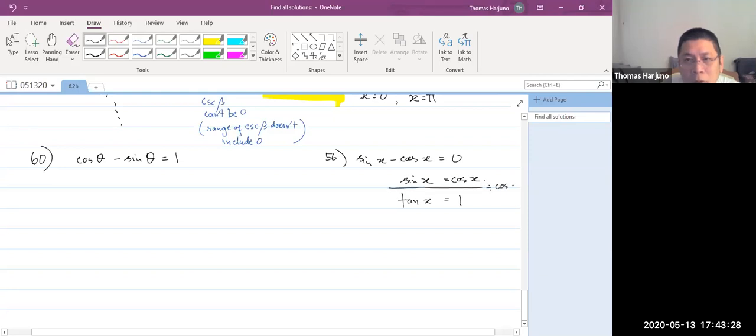So see, Thomas, you divide by cosine x. Well, but cosine x cannot be 0 though. Cosine x cannot be 0 because if it were 0, it's not a solution. Let me write it properly: cosine x equals 0 is not a solution.